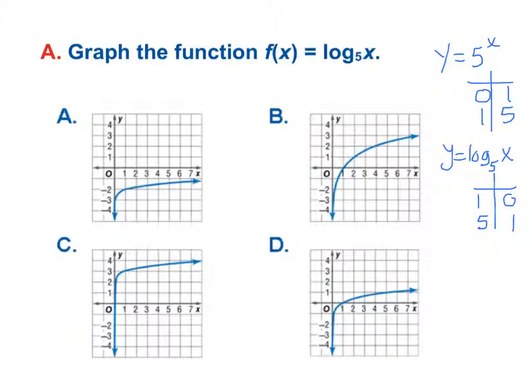So I look here, over 1, 0, no, so it's not this. Over 1, 0, yes. Over 5, 1, no. Not quite. So B is close, but not quite. This one, C, is not even close. This one here, over 5, up 1, the answer is D.